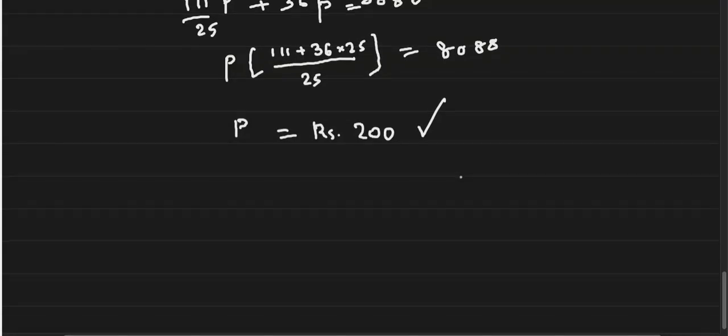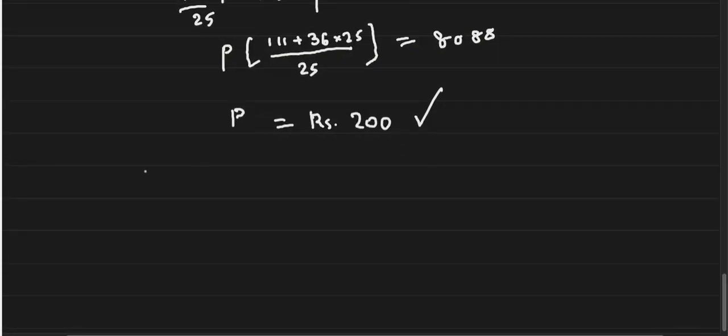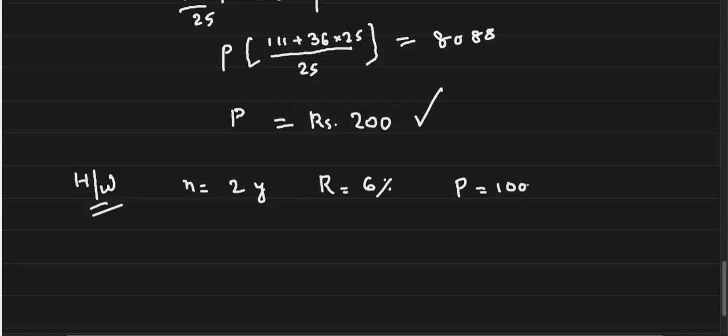So got it? Fine. One problem I am giving as homework here. Do it. I am just dictating it. Katrina has a recurring deposit for 2 years at 6% per annum. Monthly, she is paying 1000 rupees.